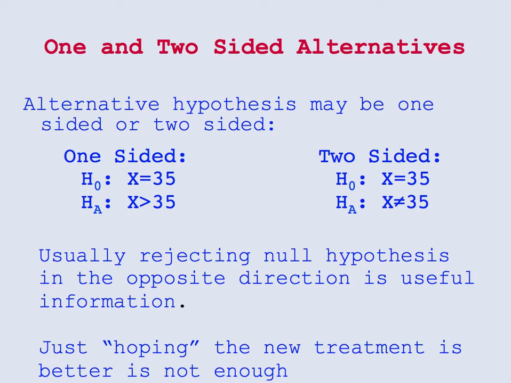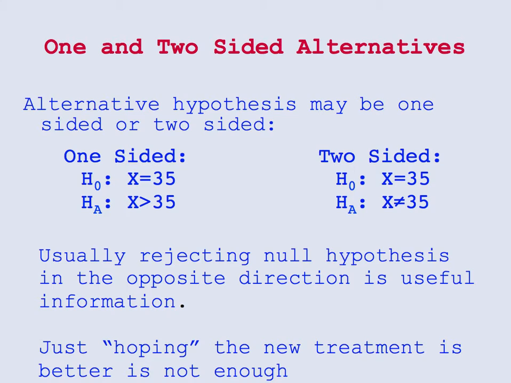Now, one thing to remember is that usually rejecting the null hypothesis in the opposite direction is useful information. And from a statistical point of view, just hoping that the new treatment is better is not enough. We can imagine, for instance, if we were doing a study to see if steroids helped in recovery from spinal cord injury, it would be very important information if we actually could prove that steroids were harmful in spinal cord injury recovery.